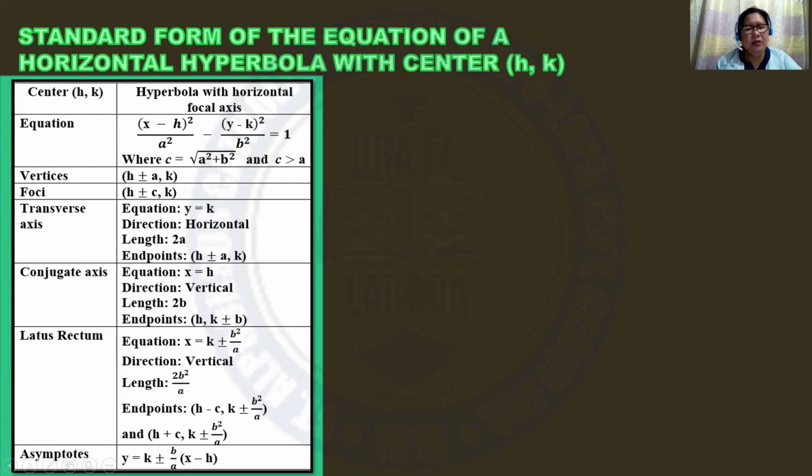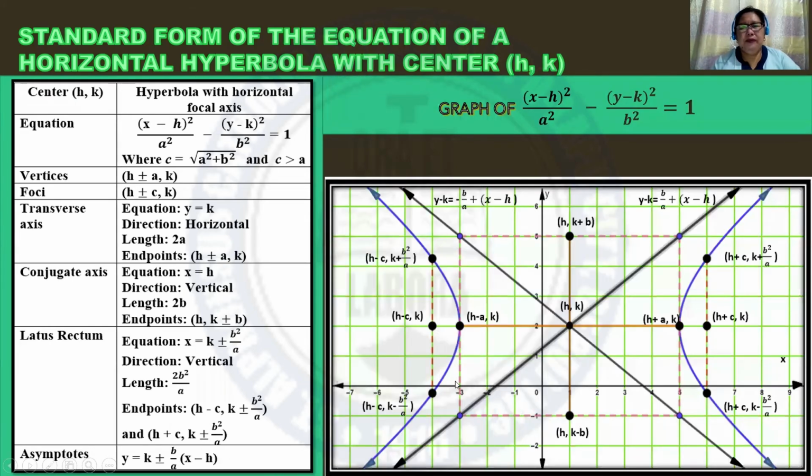For the asymptotes, we have y is equal to k plus or minus b over a times the quantity x minus h. And for the graph, we have this one. So the center now is not at the origin.